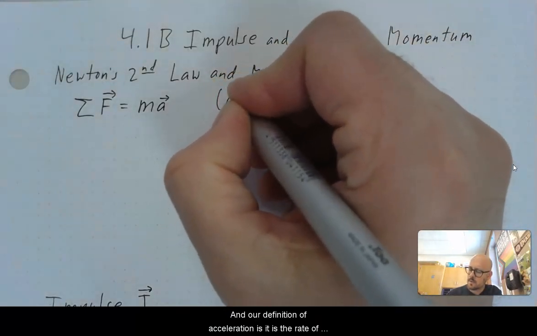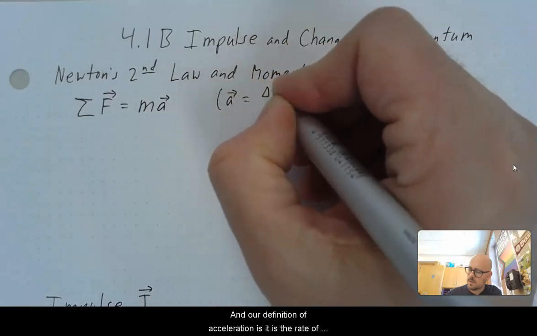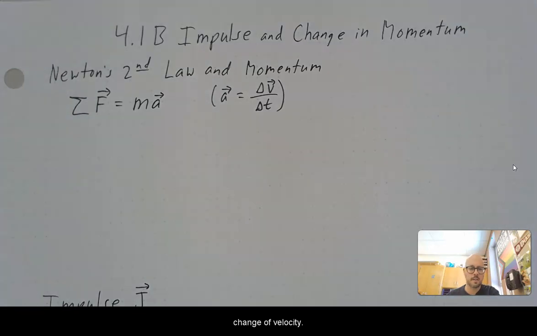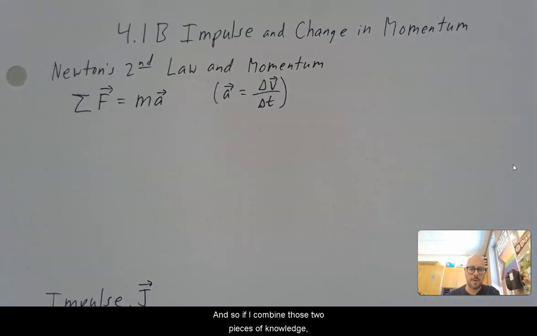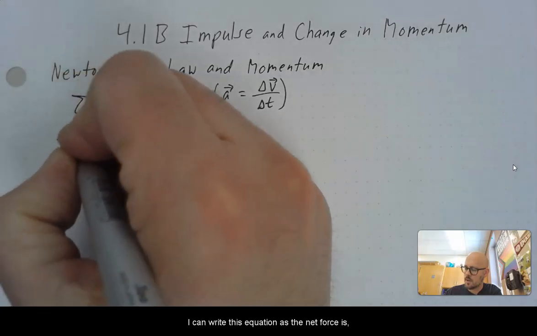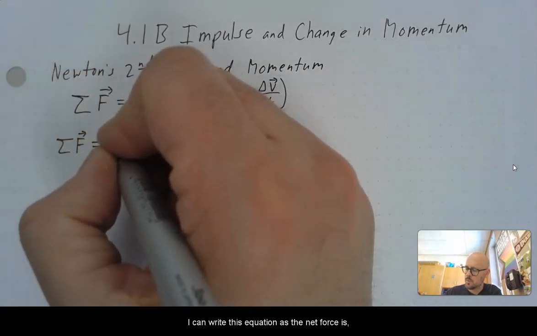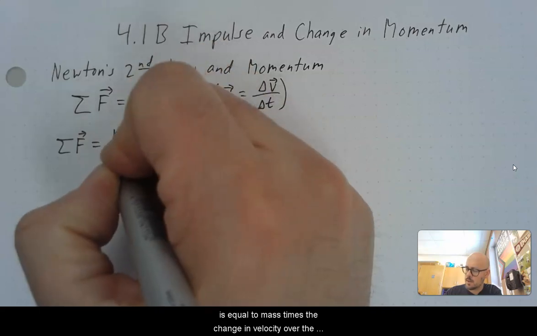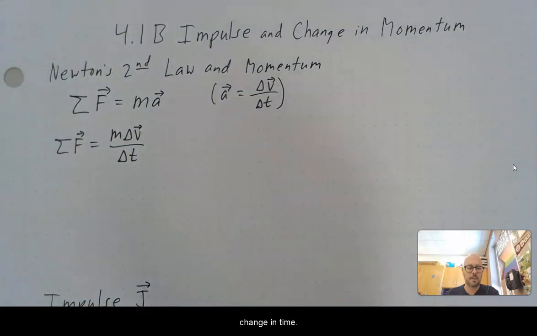And our definition of acceleration is the rate of change of velocity. So if I combine those two pieces of knowledge, I can write this equation as the net force is equal to mass times the change in velocity over the change in time.